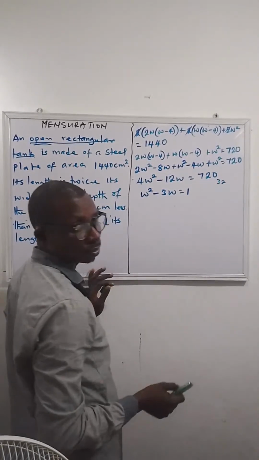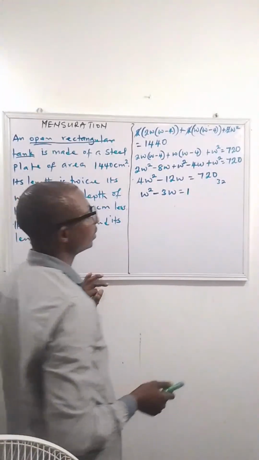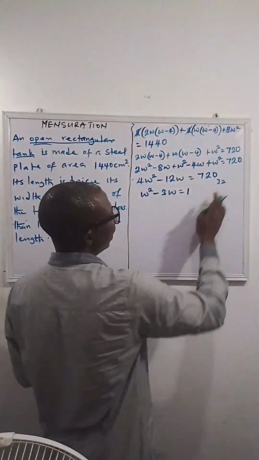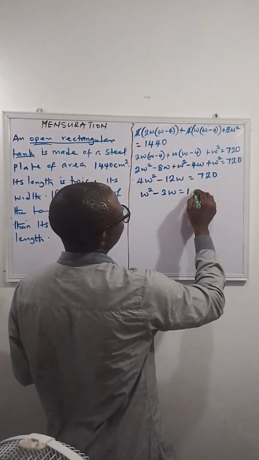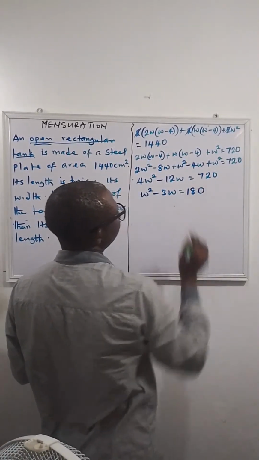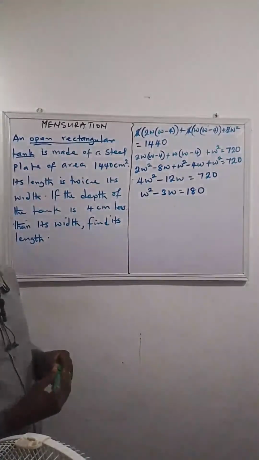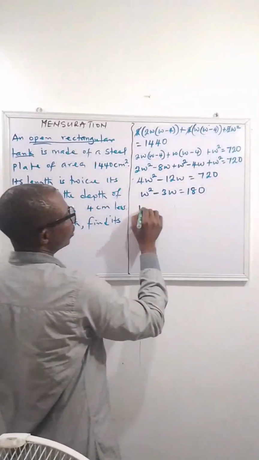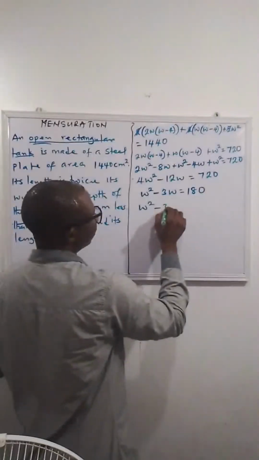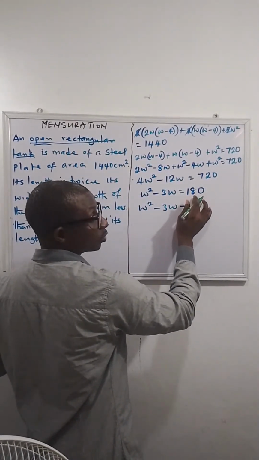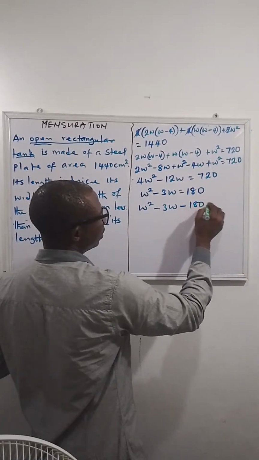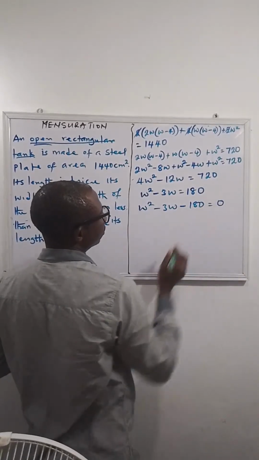So in 32, how many 4 do you have? That is 8. Put 0. So that is it. Then you now have w squared minus 3w, you transpose 180, minus 180 equals 0.